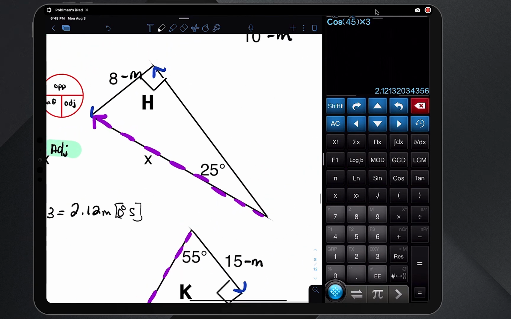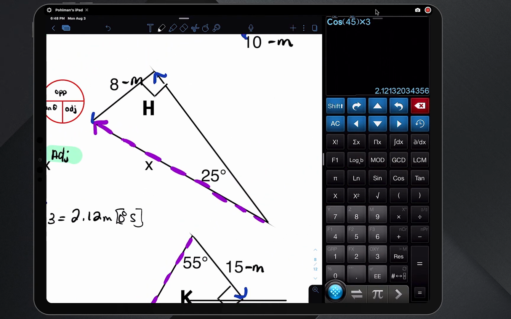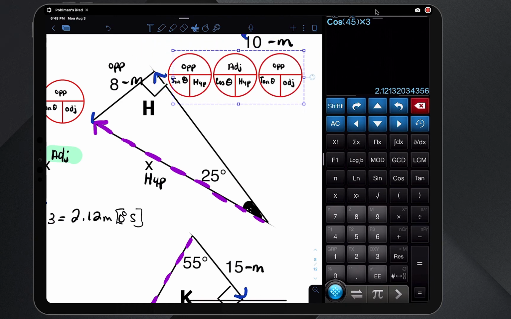Go to H. Letter H, our angle is at the bottom here. So what we'll have is the 8 is the opposite side, the x is the hypotenuse. We need a formula to pick, so we go to my diagram here. I have opposite and hypotenuse, so I'm going to be working with the sine function. I am trying to solve for the hypotenuse, so I'm going to cover it up.